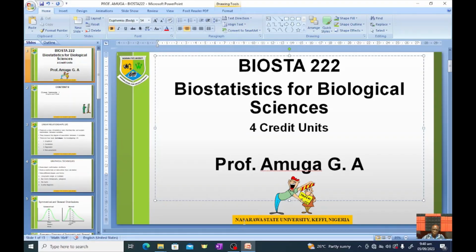So for linear relationships, I have told you it is about graphs and charts. We have seen the different graphs, line graphs. We have also seen the chart represented by a pie chart. There are also different other forms of graphs and charts that I will require you to explore and add to the ones we have given.